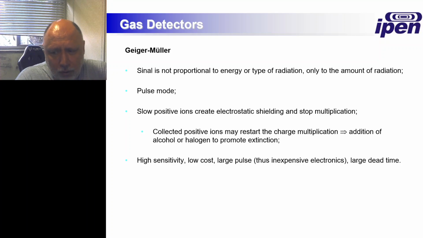You produce so much charge that, at some point, the charge just cancels out the external electric field, and the detector is blind, and then things start to recombine and you're able to see another event.